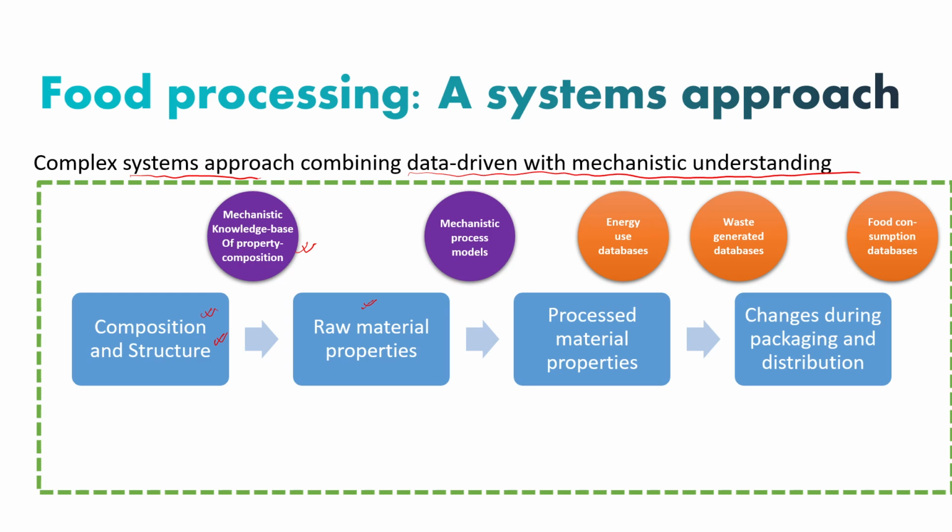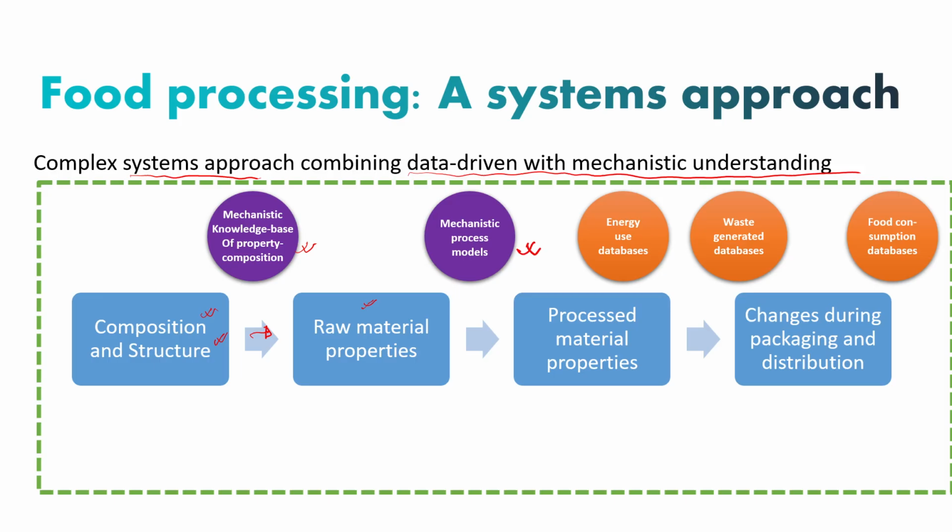Actually, this is the one I showed you earlier in this video. So here you can clearly see this model building going from the composition to the properties. Now the next level of models are these mechanistic process models.